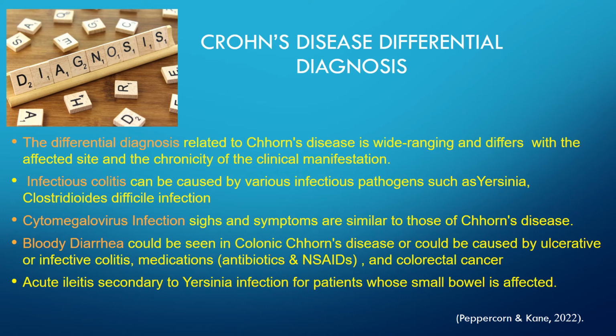Signs and symptoms could mimic those of Crohn's disease. Bloody diarrhea could be seen in colonic Crohn's disease or could be caused by ulcerative or infective colitis, medications, antibiotics and NSAIDs, and colorectal cancer. Acute ileitis secondary to Yersinia infection is also a possibility for patients whose small bowel is affected.